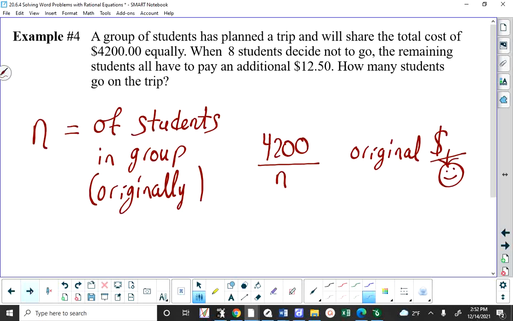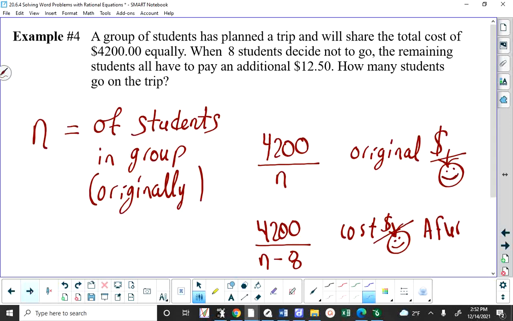Right? But we lose 8 people. And what that means is that if you take 4,200 over n minus 8, this is the cost in dollars per person after.